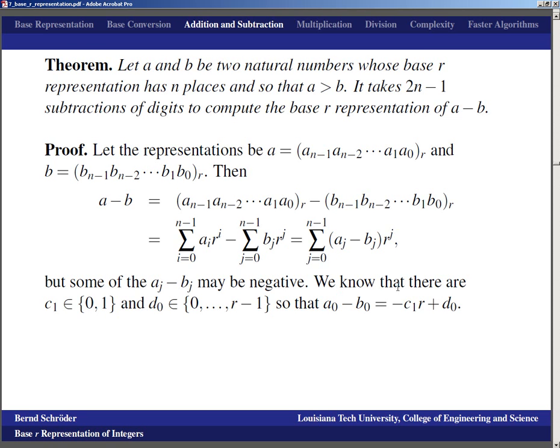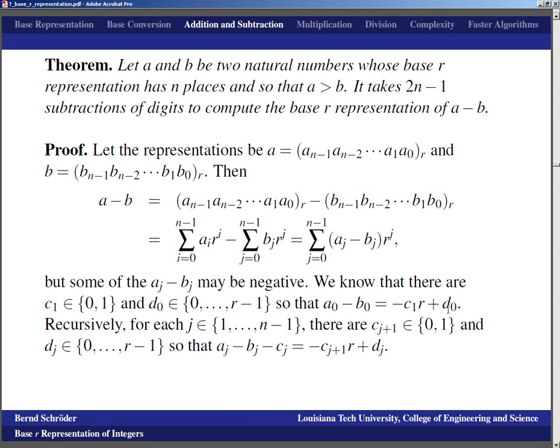And so we know that there are C1 between 0 and 1 and D0 between 0 and R minus 1, so that A0 minus B0 is negative C1 R plus D0.